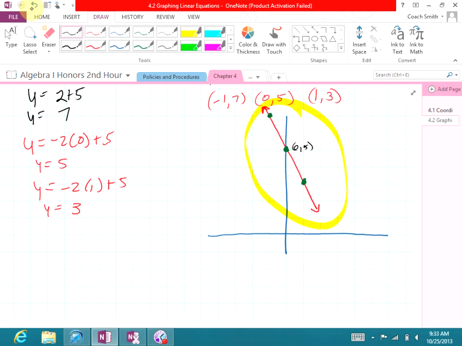It'd be hard to read there, but you really need to list them somewhere. This was -1 and 7, and then this is 1 and 3. Okay. So, all right, let's look at another one.